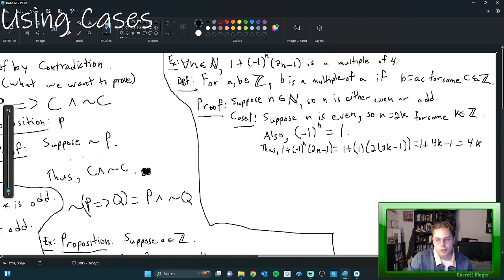And 4k is directly 4 times some other integer. k is an integer, so this is a multiple of 4.